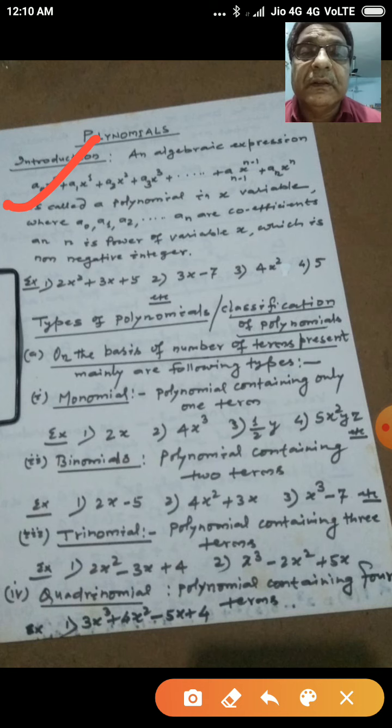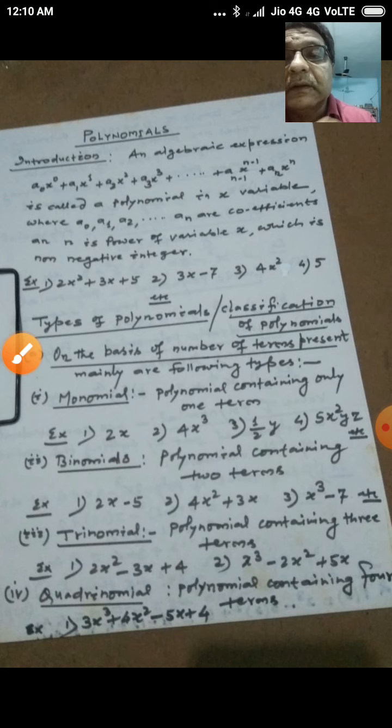So these are real numbers, and suppose we have only one term, that is a0 x to the power 0 and a1 x to the power 1, and the remaining all coefficients are 0.